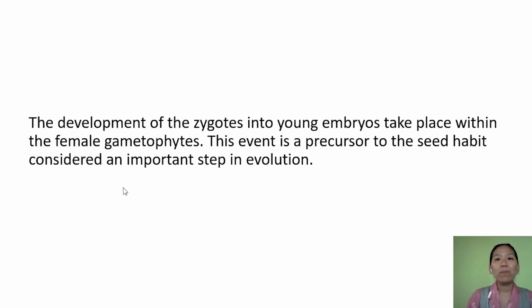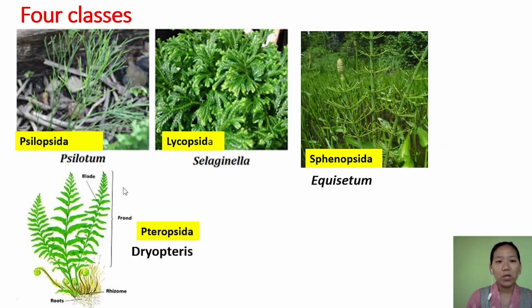But this particular group of pteridophyte shows the feature which is a precursor to the seed habit, which is found in the gymnosperms and angiosperms. The pteridophytes are classified into four classes: Psilopsida, example Psilotum; Lycopsida, example Selaginella; Sphenopsida, example Equisetum; and Pteropsida, example Dryopteris.